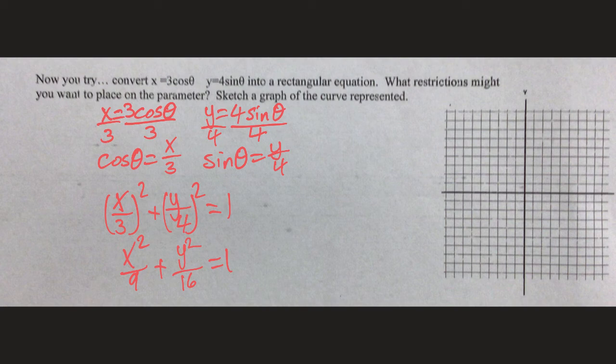Here we have an ellipse equation, and we have a equals 4, b equals 3. Remember that a is always bigger than b. And just like before, we're going to restrict our theta to be from 0 to 2 pi. This way we go fully around our ellipse.